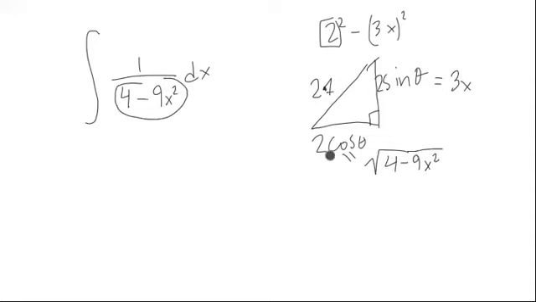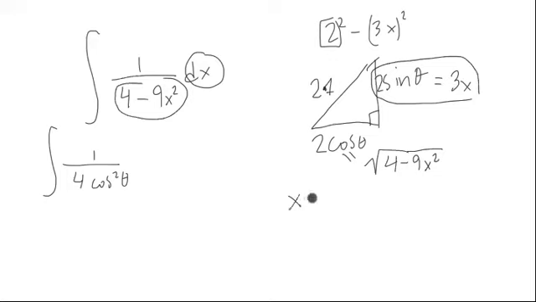Now that means that right in the integral, this is actually just 2 cosine quantity squared. So we get 1 over 4 cosine squared theta. Now we need to replace dx with what it is. So we solve for x right here.